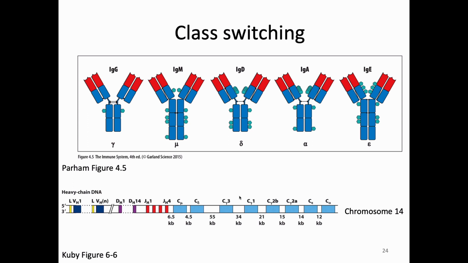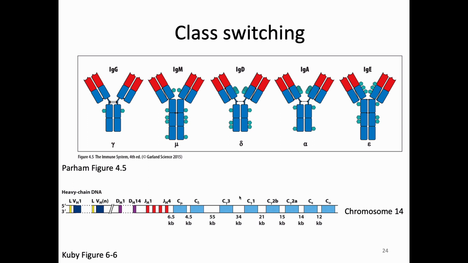Yeah, so M is pretty close to VDJ, 6.5. And D is pretty close to M, 4.5. And then there's a giant space, 55. And then we have big spaces still. They're not as big as that 55, but they're certainly bigger than those two. So the two shortest spaces are right there.